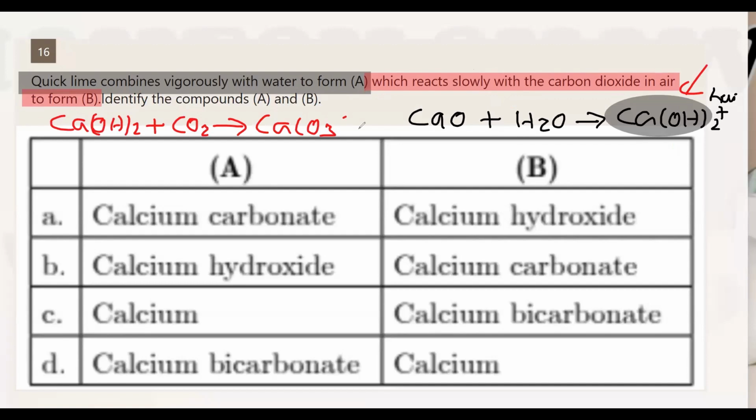This is solid, a precipitate. So we have identified B. Now, time to look for the right answer. A is calcium hydroxide and B is calcium carbonate. So option B will be correct in this case.